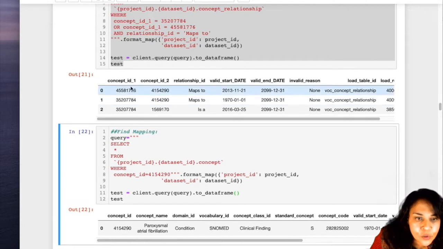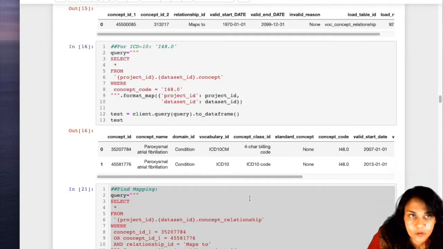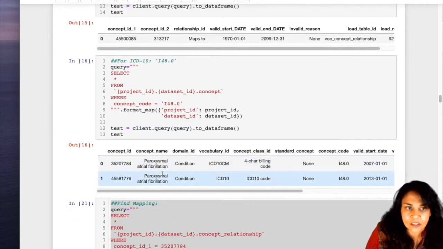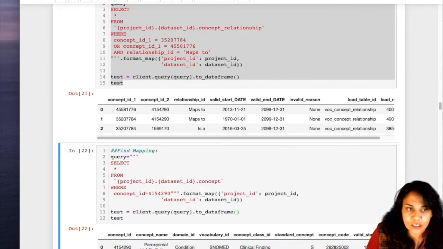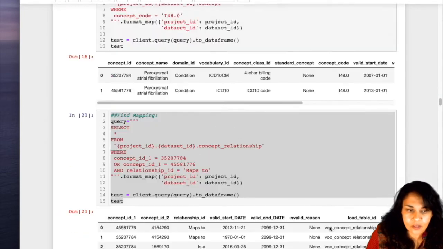You can see that the standard concept it's mapped to, with the standard concept ID 4154290, is indeed a standard concept. It is a SNOMED concept, and it is paroxysmal atrial fibrillation. So that part makes sense. Paroxysmal atrial fibrillation gets mapped to paroxysmal atrial fibrillation.